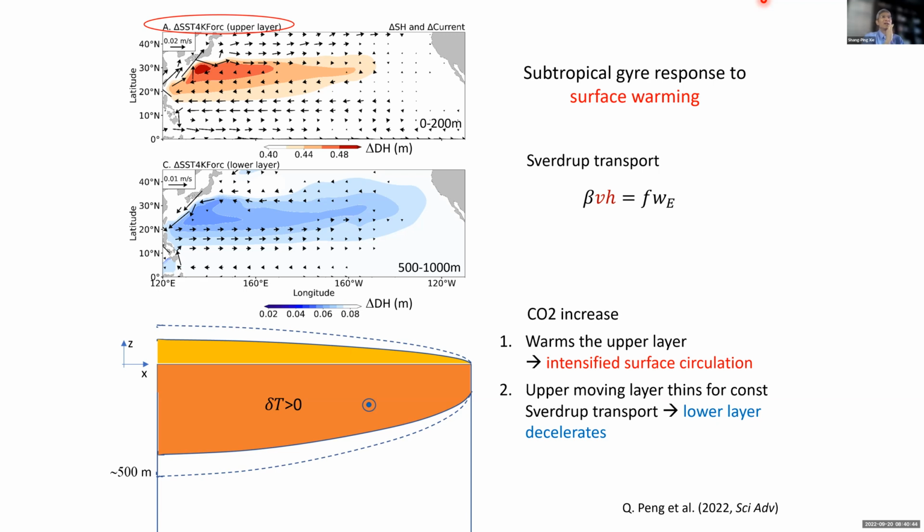But say we have 20 different CMIP coupled models, and each of them simulates different patterns of wind change.